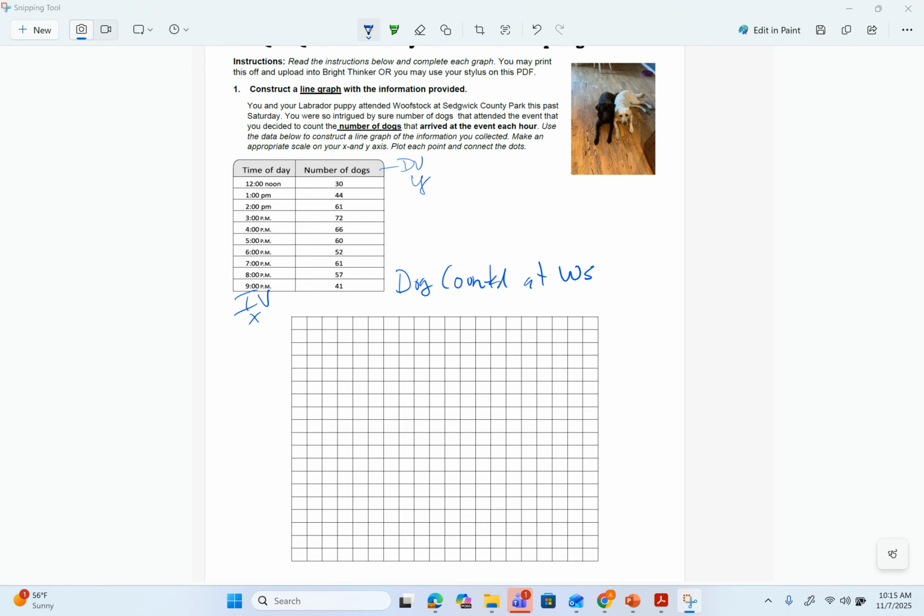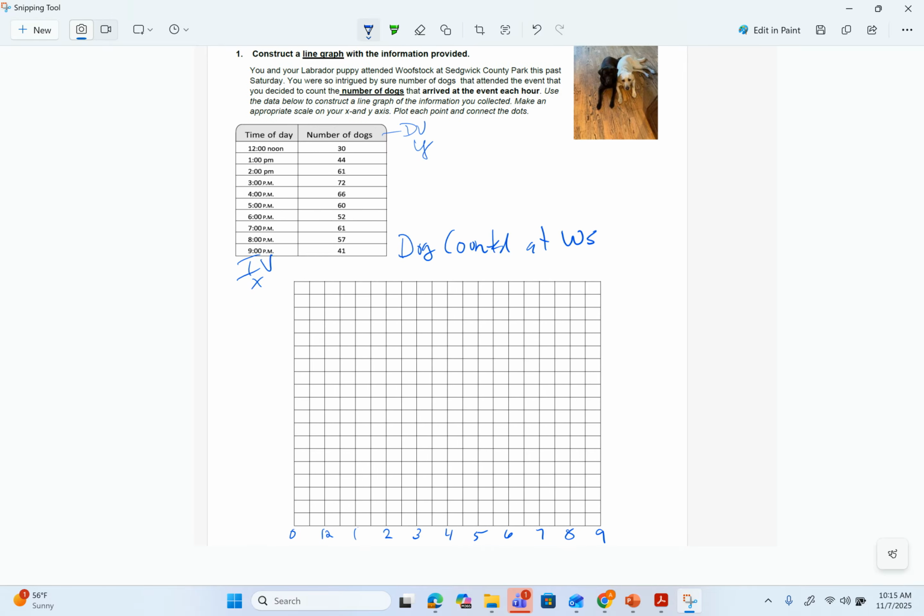So I could start with 0 and do every 2 boxes. I could do 12, 1, 2, 3, 4, 5, 6, 7, 8, and 9. And I'm going to label that time in hours.